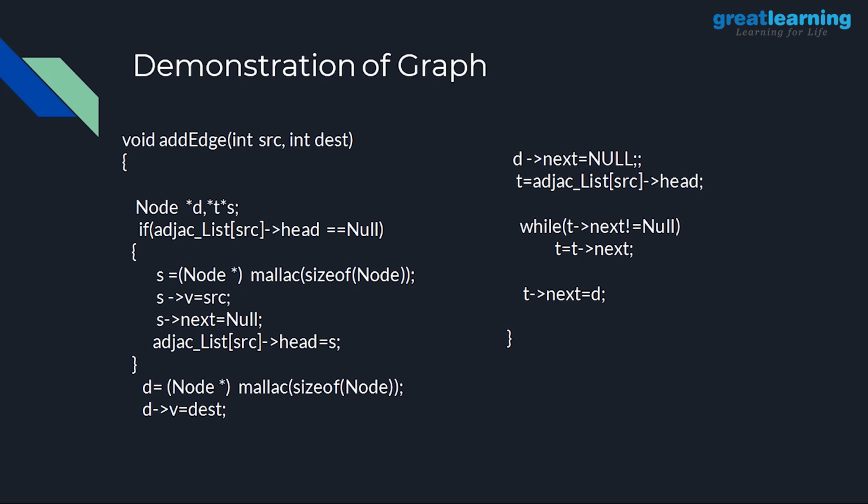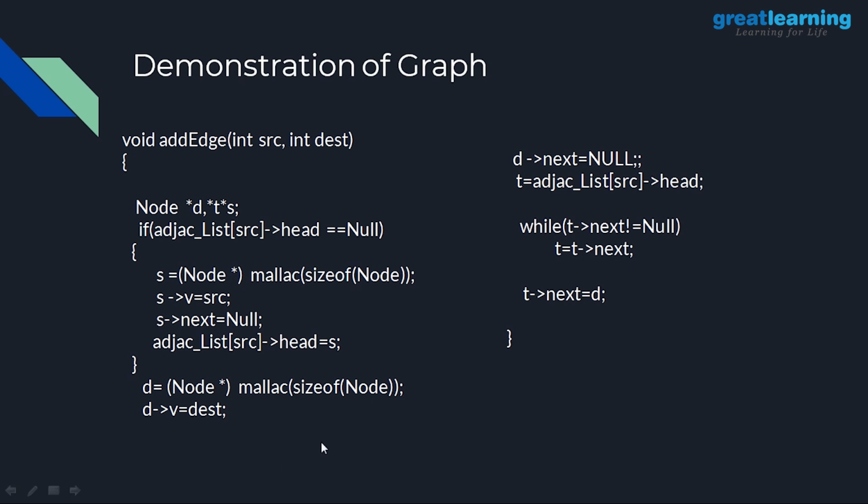So how will we connect this 0? We are not going to replace the array element of the source which is present in the array. We are just going to traverse through the linked list with the help of that and add at the end the next node to which it is connected. So this is how we're going to do it.